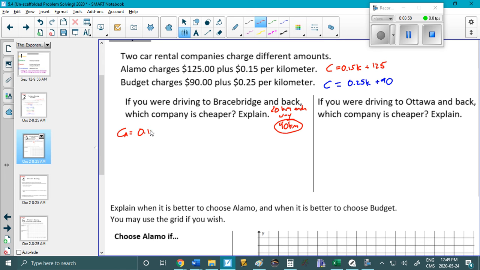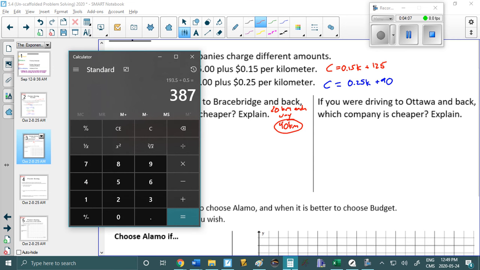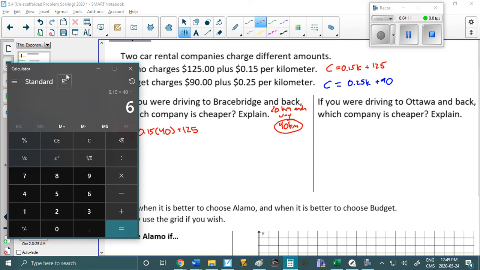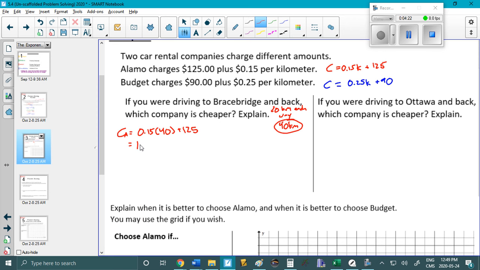So this is going to be 0.15. Again, for me, it's 40 kilometers there and back. You can use a different number if you want. Okay, so 0.15 times 40 is 6 plus 125. Whoa, 131 bucks. So $131 to rent a car to go back and forth.